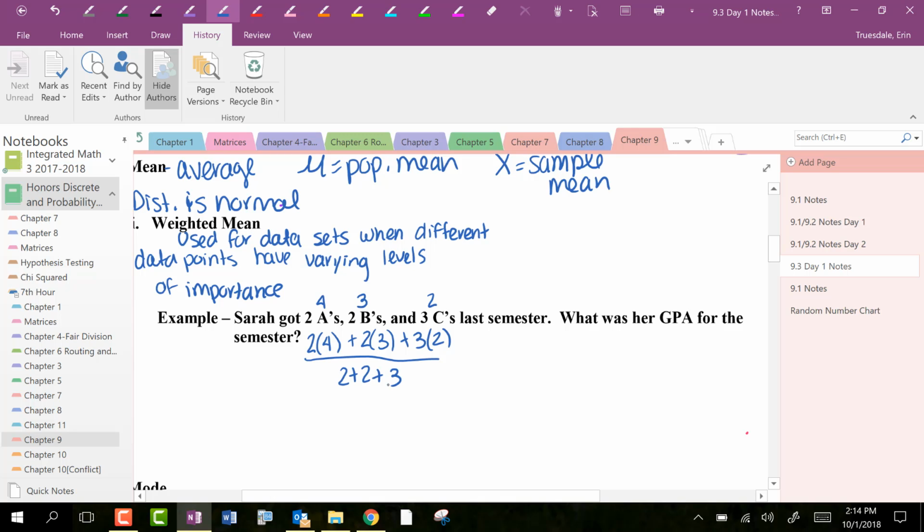So that's 8, 6, and 6, so 20 over 7, which gets you a 2.85. That's how you figure out your unweighted GPA, because you're not getting your honors points, but this is a weighted mean.